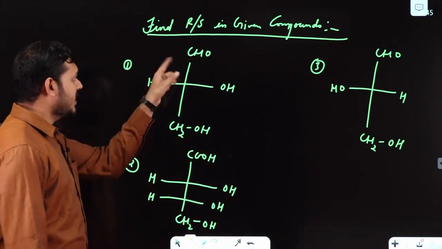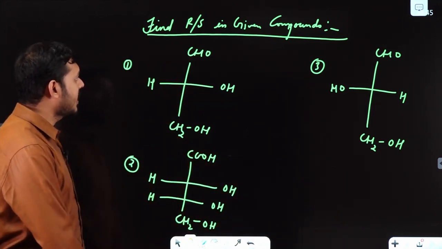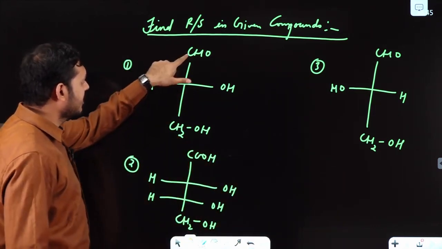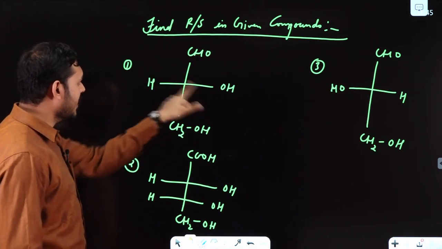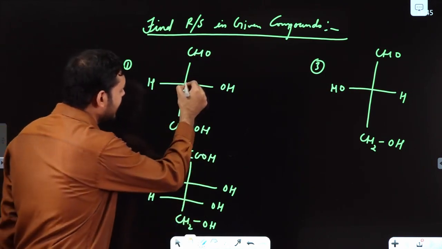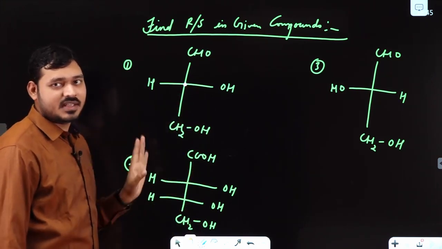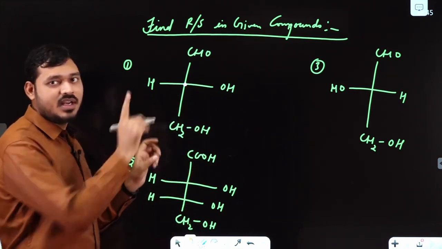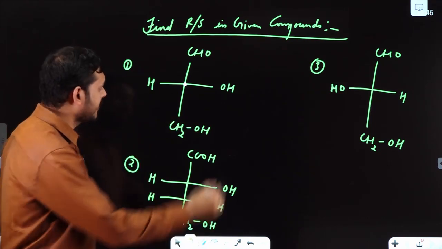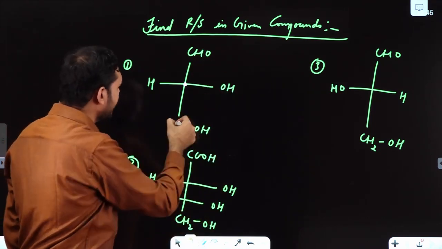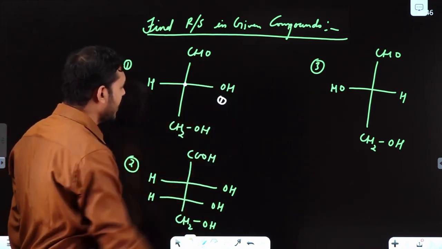First of all, in this question, it has an aldehyde part, an alcohol part and this HOH. It has one chiral center, and as we know, if a compound has a chiral center, we can define RS configuration. First, let's check the priority order. Here carbon, oxygen, carbon and H. So oxygen will be 1.